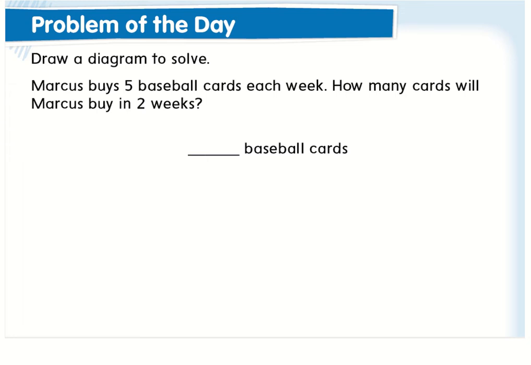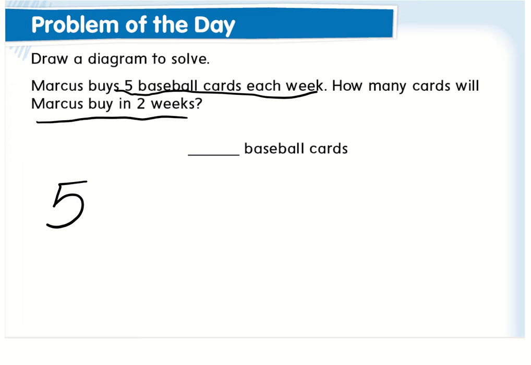We're going to draw a diagram to solve this problem. Marcus buys 5 baseball cards each week. Okay, so I know he's buying 5 baseball cards each week. How many cards will Marcus buy in 2 weeks? So I know that I have 5 baseball cards this week, but it says for how many he would buy for 2 weeks.